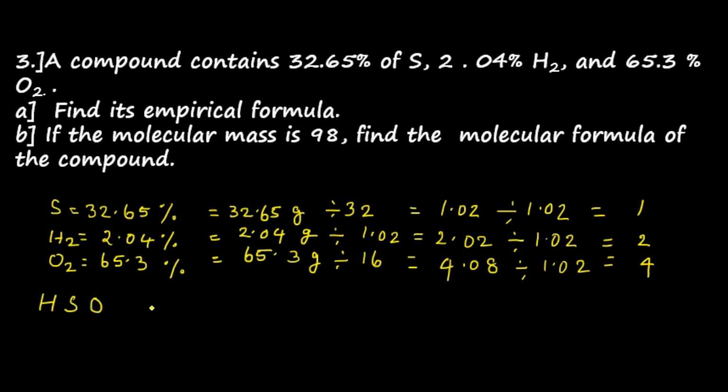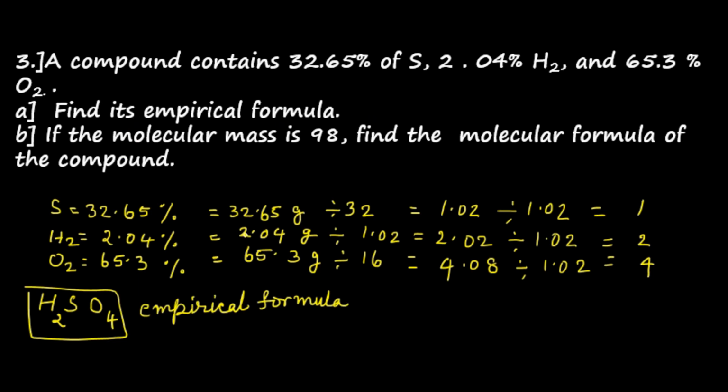You can guess this from their position in the periodic table. So for hydrogen it is 2, for sulfur it is 1, and for oxygen it is 4. So you get the empirical formula as H2SO4. We have found out the empirical formula H2SO4.